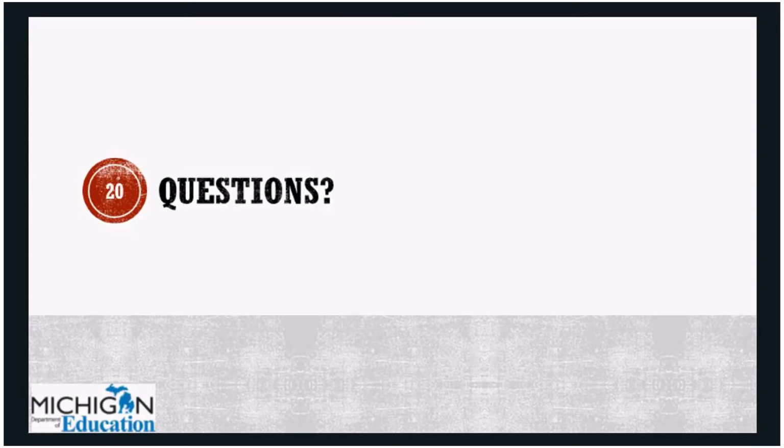The prior approval piece means that you've gone out to bid and selected a vendor, but before you carry out the remainder of that purchase, you have to get prior written approval from MDE. Once you have it, then you complete the remainder of that purchase and can pay for that item.